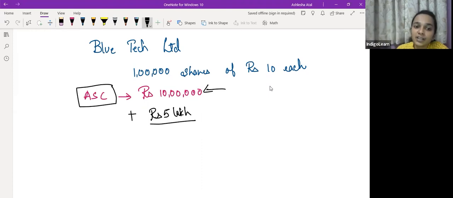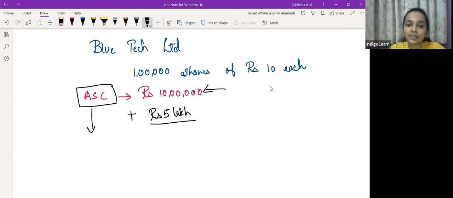So the first way in which the capital clause can be altered is by increasing the authorized share capital of the company by changing the amount of the authorized share capital of the company. अभी इसके लिए क्या करेगा, क्या लगेगा? We generally see कि हर situation में we say special resolution, special resolution, special resolution.